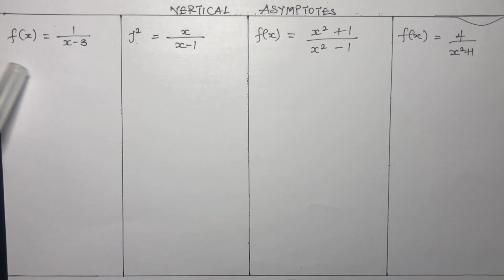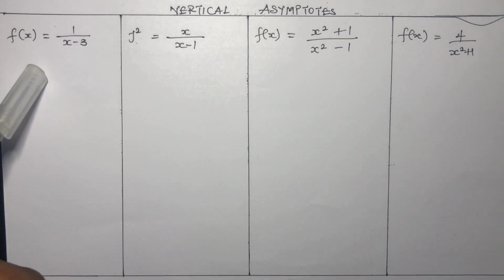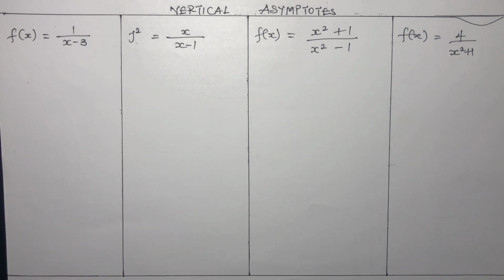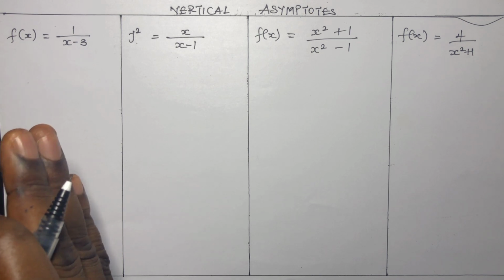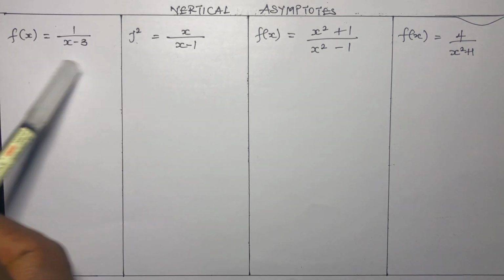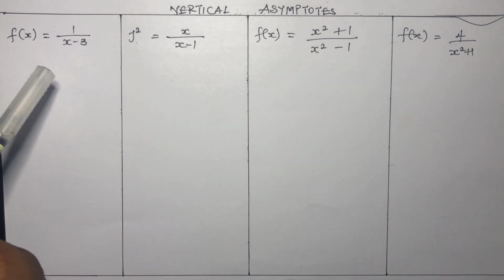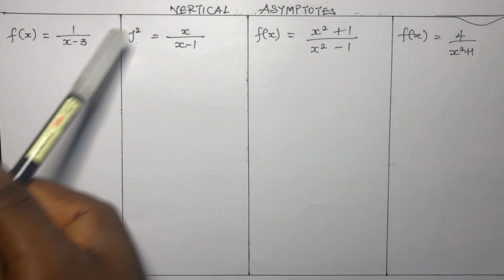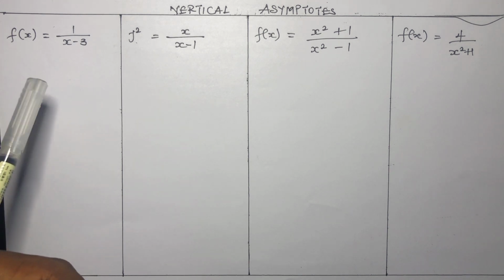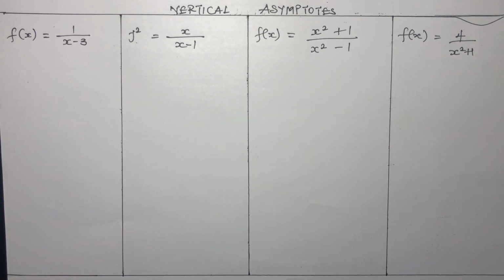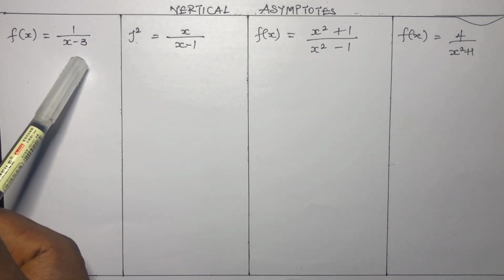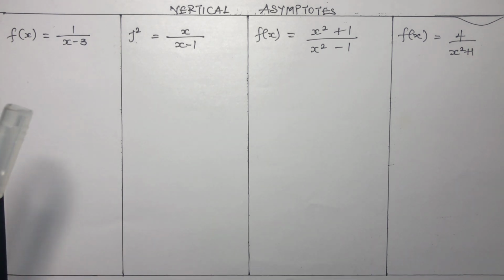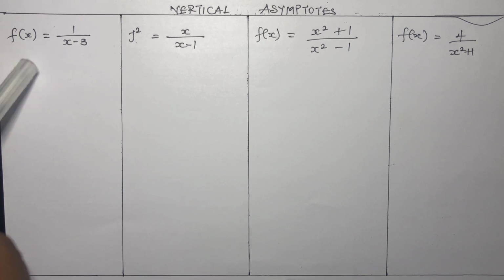But let's take a look at this first function we have. We have f of x equal to 1 over x minus 3. Now, we have seen that we cannot actually factorize anything from both numerator and denominator in this function. And since we cannot factorize anything, we don't have any common factors to cancel out. So we need to set the denominator, which is x minus 3, equal to 0 in order to obtain the vertical asymptote of this function.